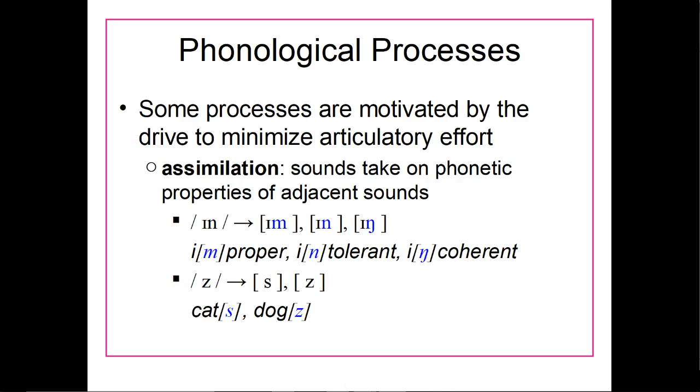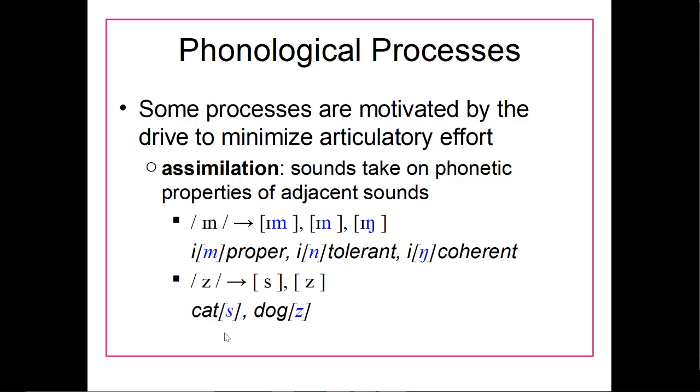We also see this with the plural endings of words. We have the underlying phoneme z in the English plural, and then this z becomes an s sound or a z sound when it's actually pronounced. So we have the word cat, and when we have that word, it's an s. And then we have dog. When we have that word, it's a z.